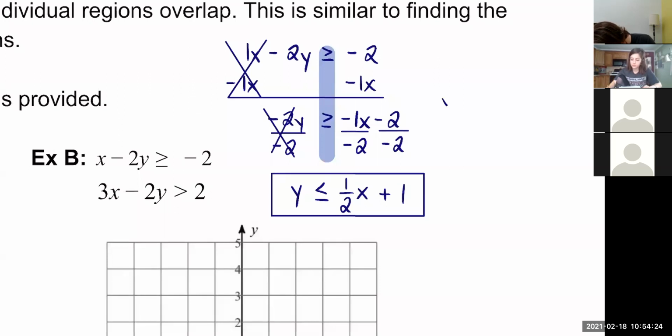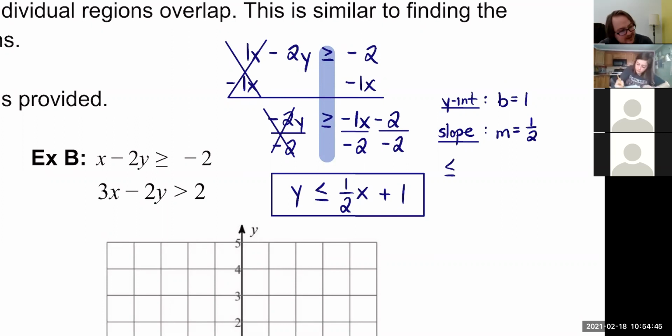The first thing I want is the y-intercept, which in this case is a +1. Second thing I'll need is the slope, which is a +1/2. And then considering the inequality symbol, less than or equal to is going to tell me that it will be a solid line and that I will shade below it.